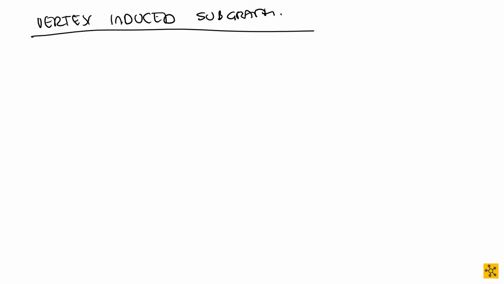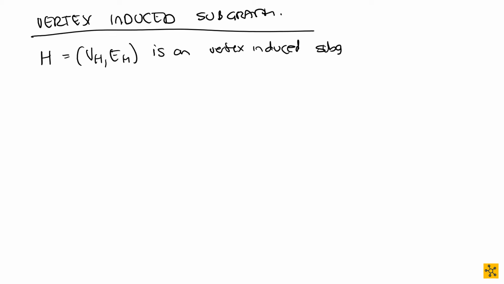Okay, so it has some conditions. So you're going to have again your graph H, and it's going to be described by VH and EH, and it is a vertex induced subgraph of your main graph, described by your vertex sets VG and EG.